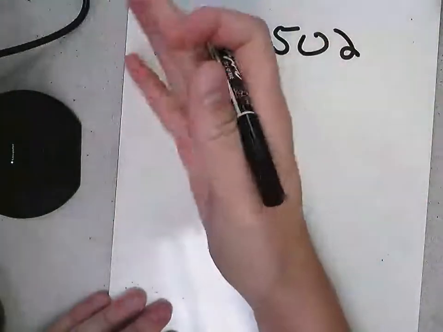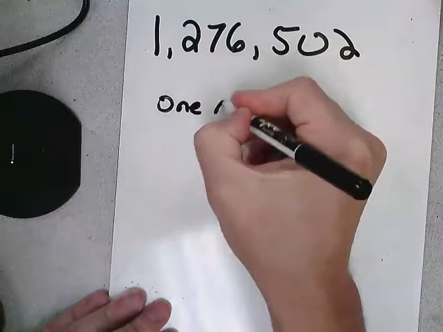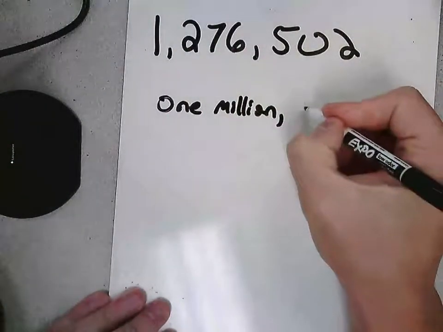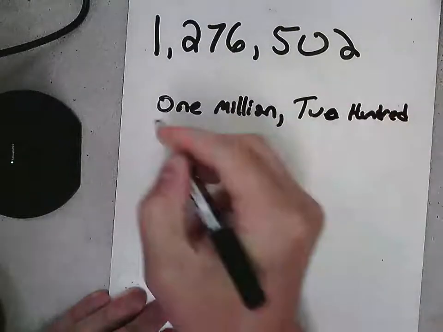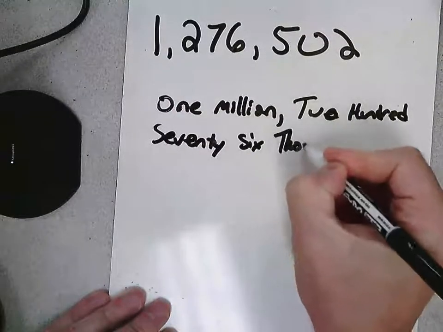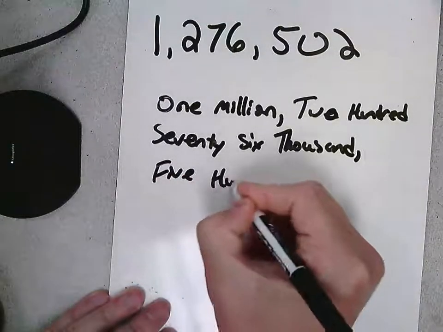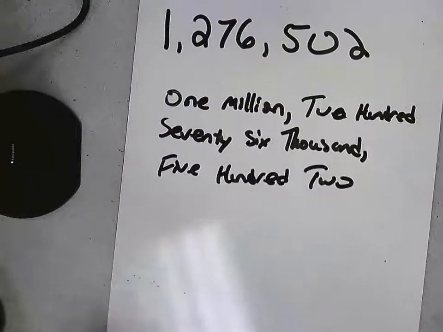So working from left to right, reading it: 1 million, 276,000, 502.